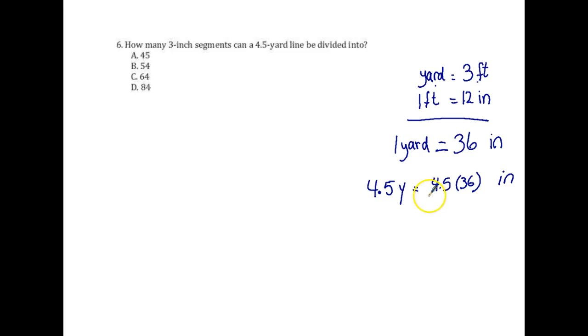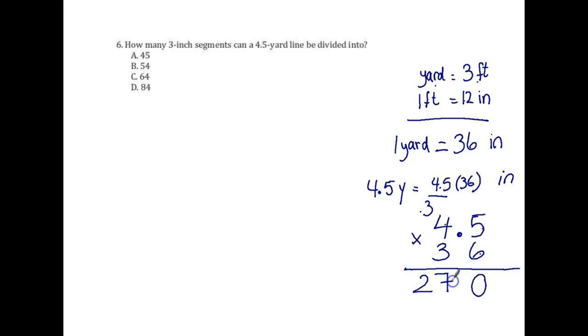So, you're going to write the 4.5, and for now, you're going to ignore that decimal point. Then, times 36. Ignore the decimal point completely. Then you multiply, you hide the 3 for now, and multiply. 6 times 5 is 30, 0, carry up the 3. 6 times 4 is 24, plus 3 is 27, okay?